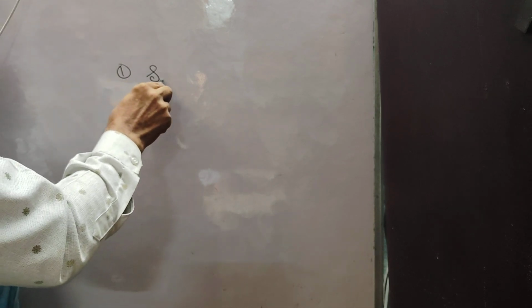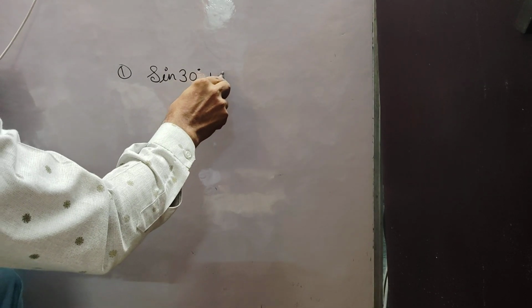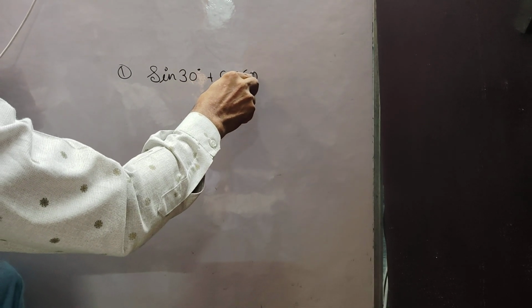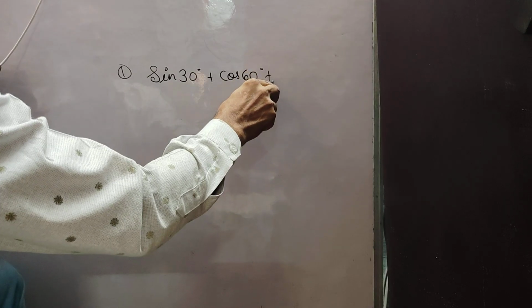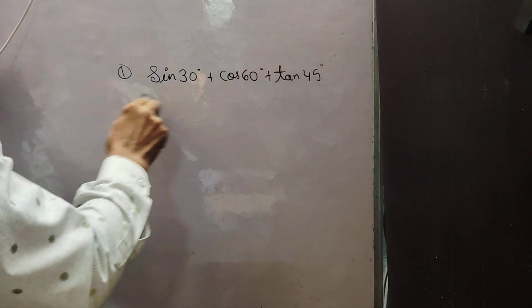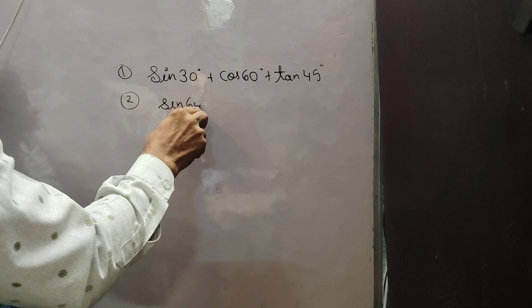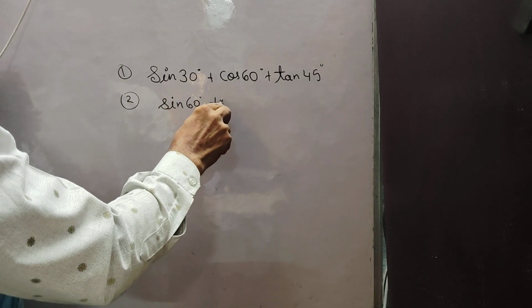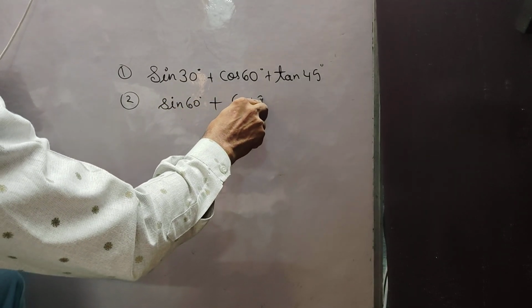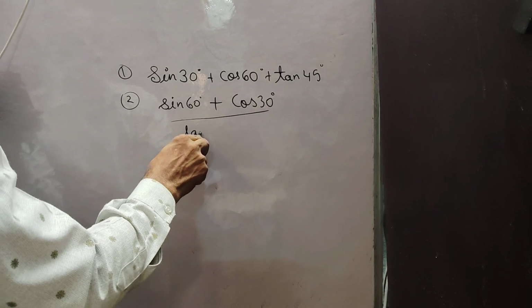The next problems are to solve trigonometric problems. So first is sine 30 degree plus cos 60 degree plus tan 45 degree, and second question is sine 60 degree plus cos 30 degree divided by tan 45 degree.